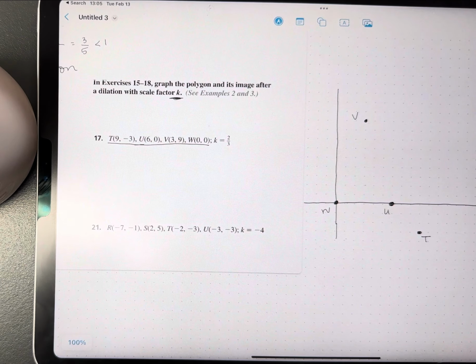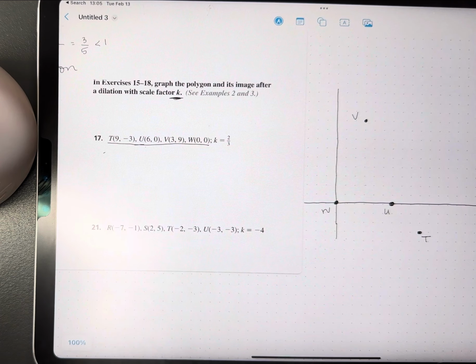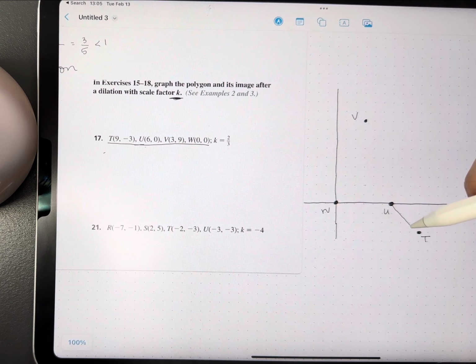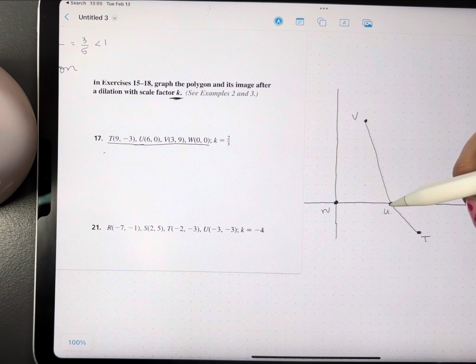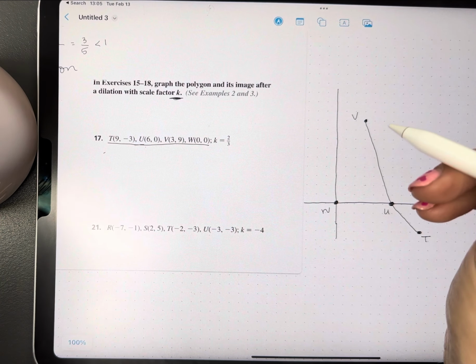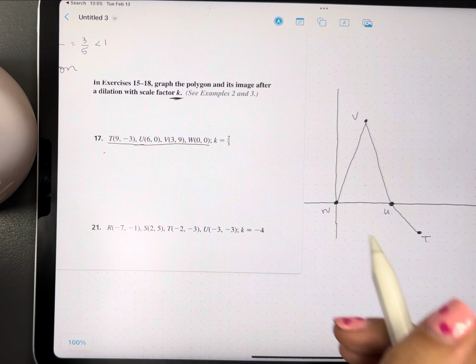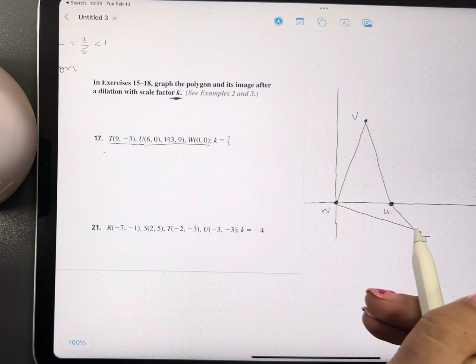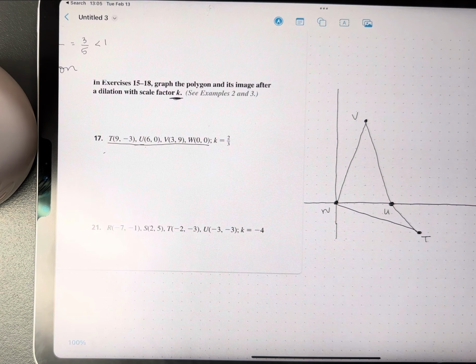What an interesting polygon. So we're going to connect T to U, U to V, and then V to W, and then back to T. Oh boy, let's pretend that didn't happen.